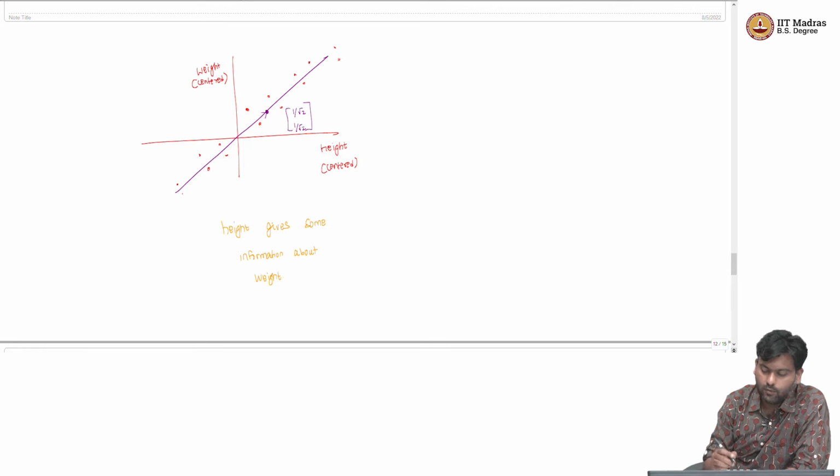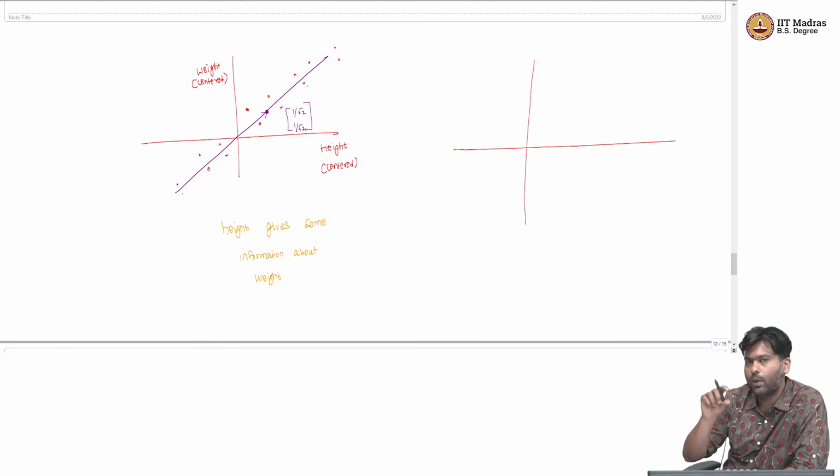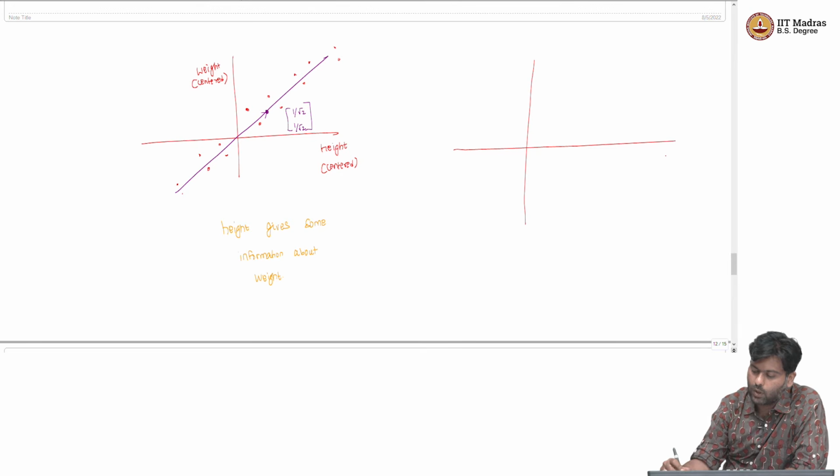If I am allowed to use only one number to represent each data point, then that number would be the dot product of each data point along this direction. The data point itself is just height and weight, and this direction is 1 over square root 2, 1 over square root 2, which means what I would actually be storing is height into 1 over square root 2 plus weight into 1 over square root 2, which is height plus weight over square root 2.